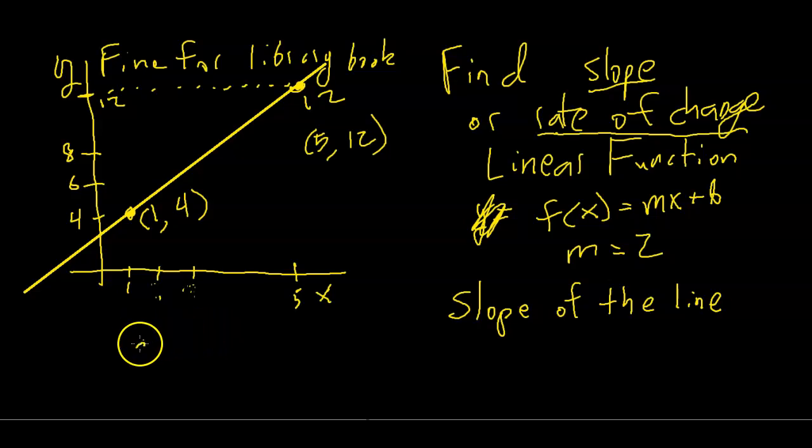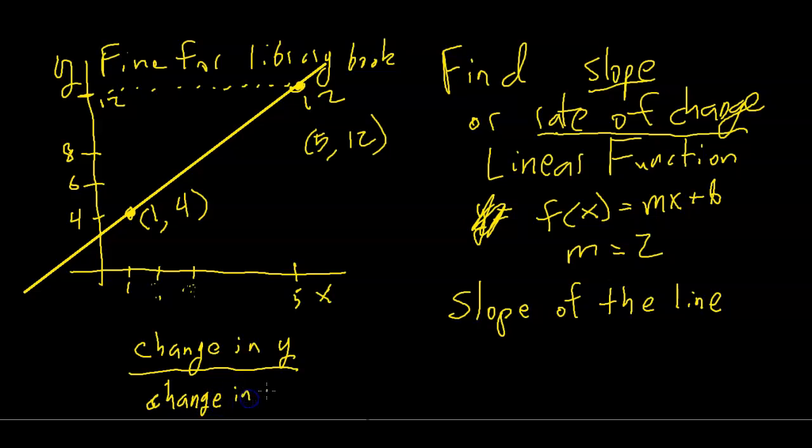Hopefully everyone remembers the change in y between any 2 points divided by the change in x between any 2 points. Or it's often remembered as rise over run, or change in y over change in x. Sometimes it's written as delta y divided by delta x. That triangle sign means change.